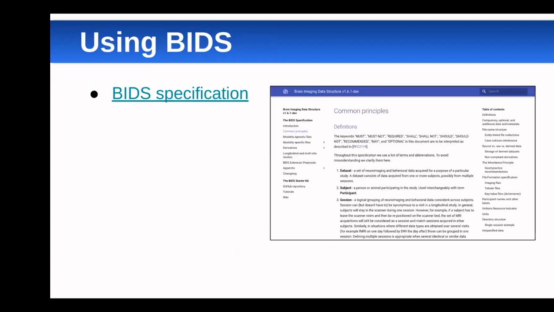Next place where you may want to go to get information would be the actual BIDS specification. It's the sacred text that says what BIDS is, the truth when it comes to BIDS. My main recommendation when it comes to using the specification is don't try to read it from the very first page to the last one, because that would be almost as entertaining as reading a phone book.